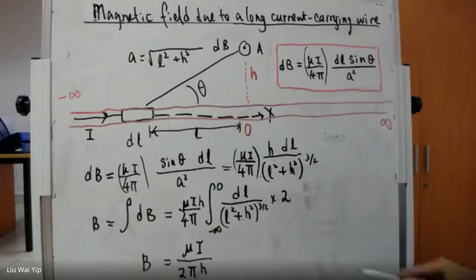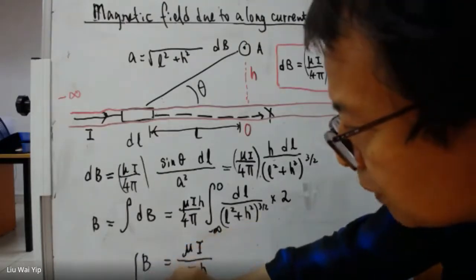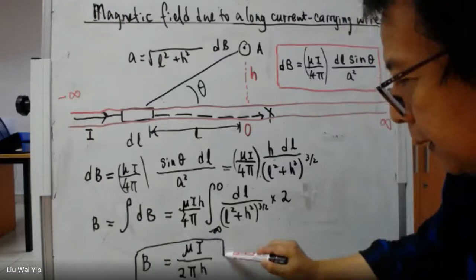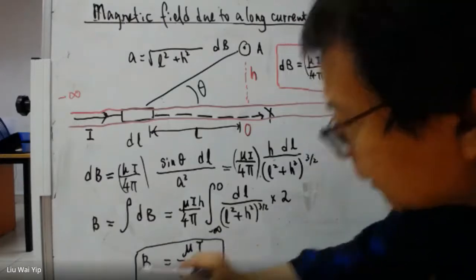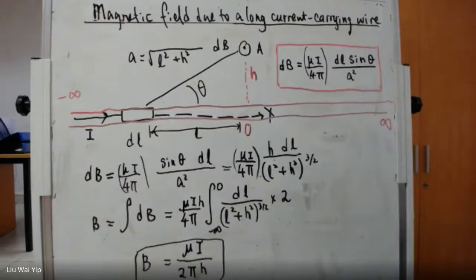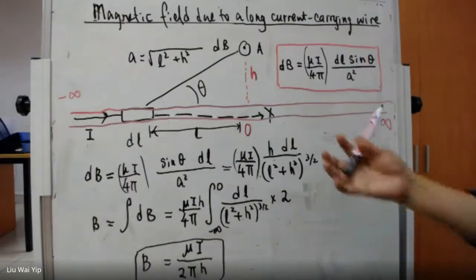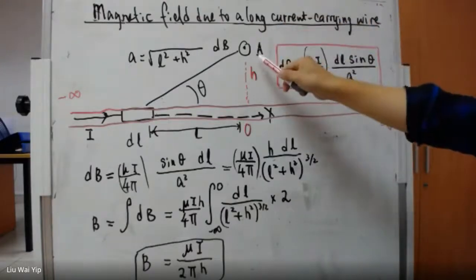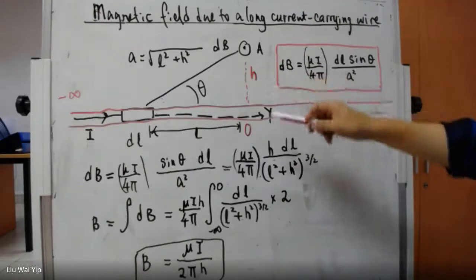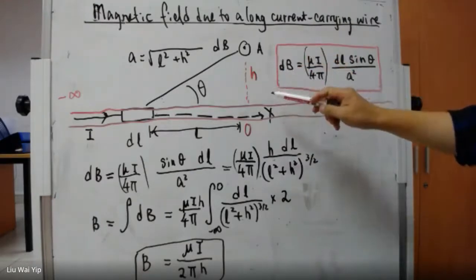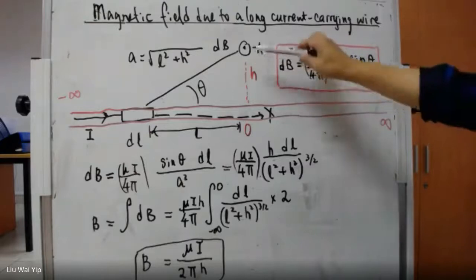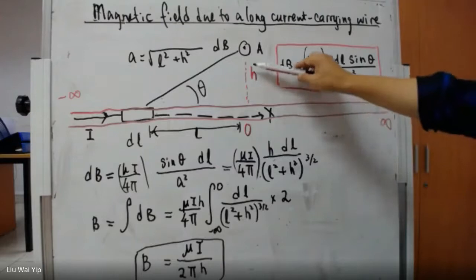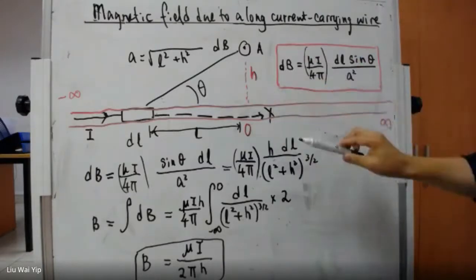So basically, the end result is going to be exactly the same as that obtained using Ampere's law. If you use Ampere's law, you will obtain the magnetic field at the observation point A. In this case, I am assuming the observation point A is h away from the conducting wire.